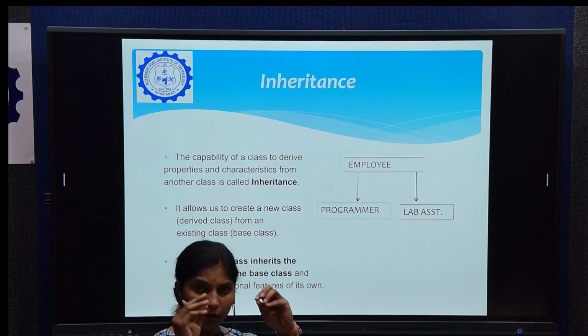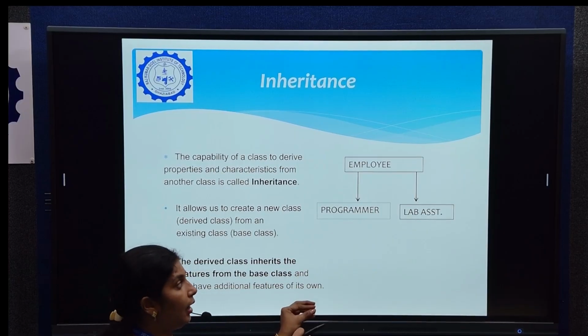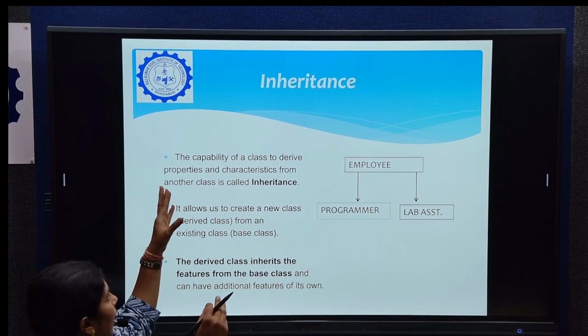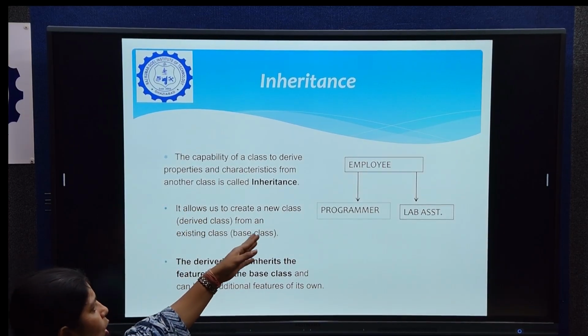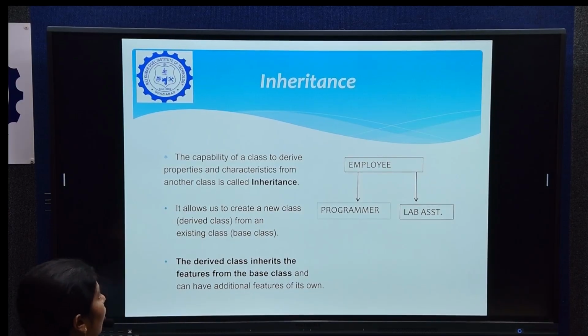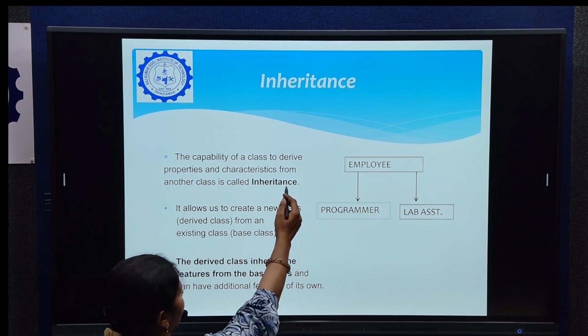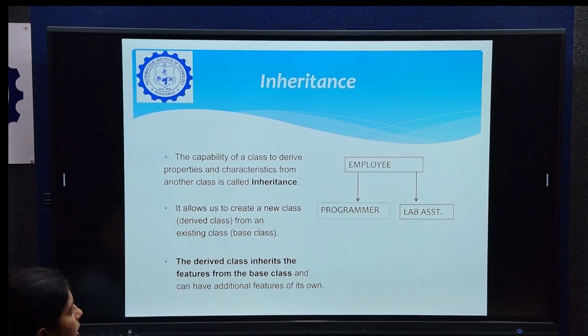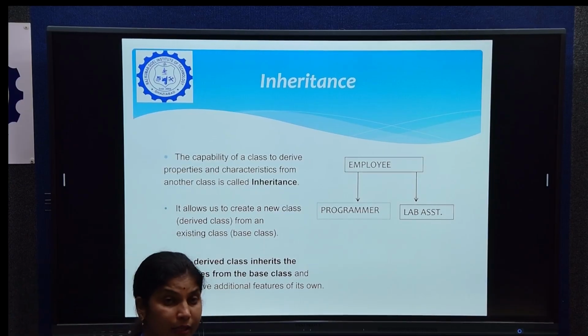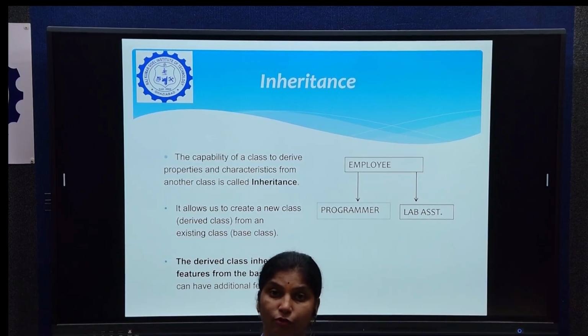I map exactly this here: inheritance is the capability of a class to derive properties and characteristics from another class. As I told you earlier, there is a concept of class.